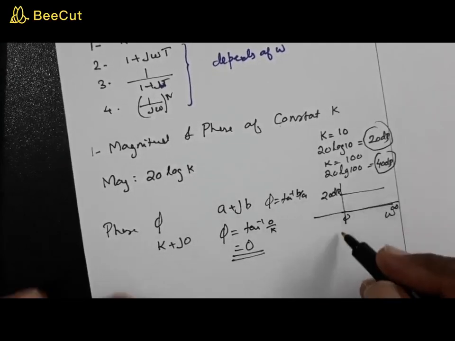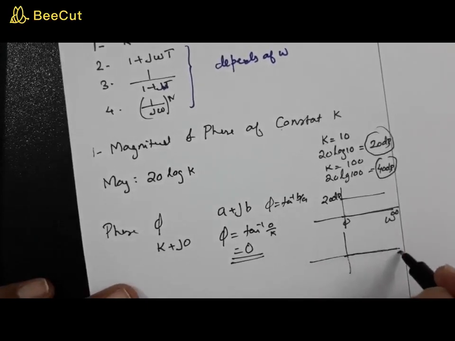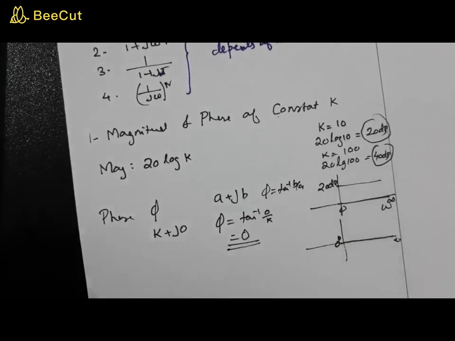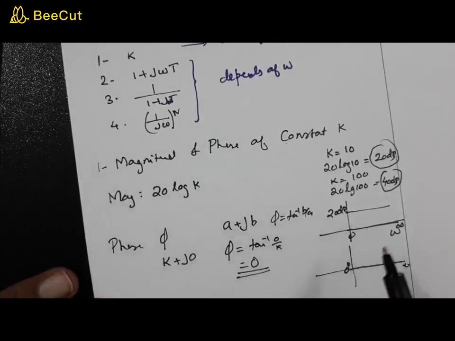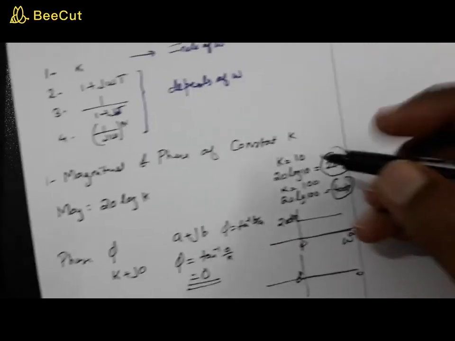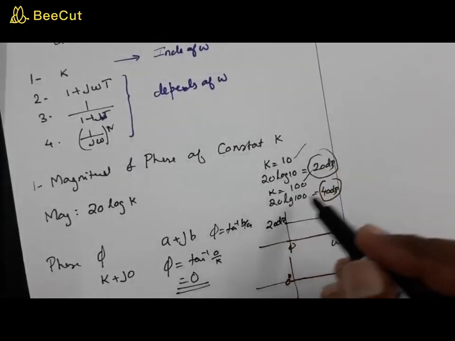So when you have a phase plot of this particular term, you can see that as omega varies, it will always have a phase of 0. So no phase change results in the case of this constant term. The constant is not going to have any impact on the phase, whether it is 10 or 100. The only thing that changes is the magnitude.